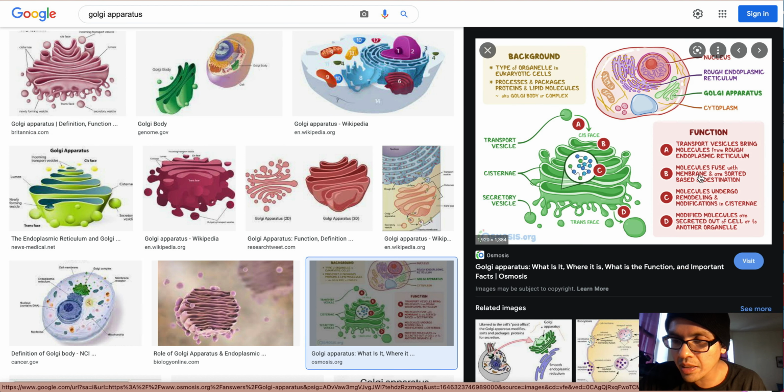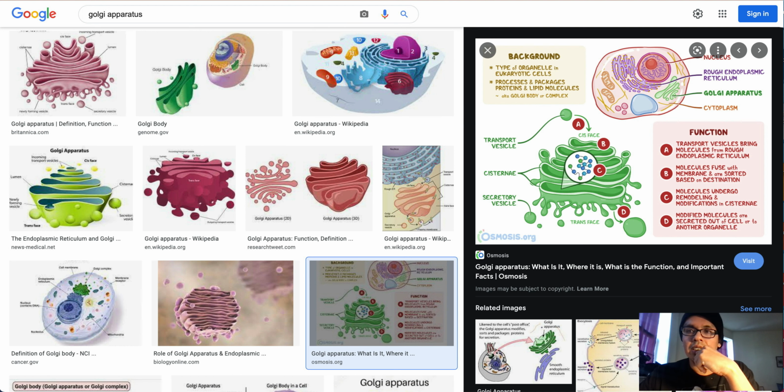So this is kind of like a little punch card kind of function. Modified molecules are secreted out of a cell to another organelle. So that's what I was just talking about, the modifications of the proteins that get packaged through the Golgi apparatus. So that's another thing to talk about.